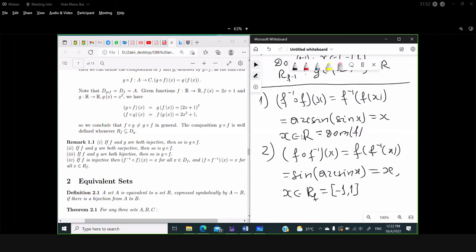And the range of f is minus 1 to 1, because of the sine function. So both of them, the domain of f and the range of f, the domain of the composition function totally changes.